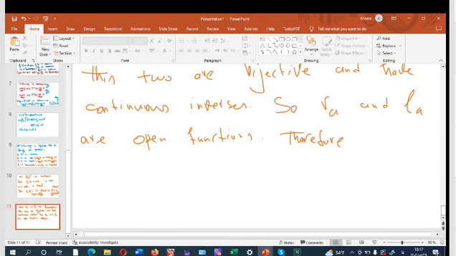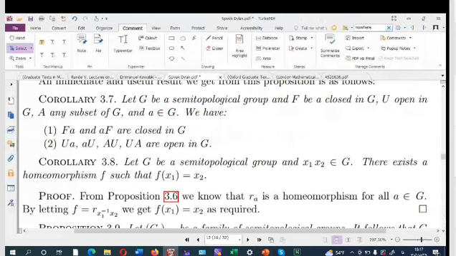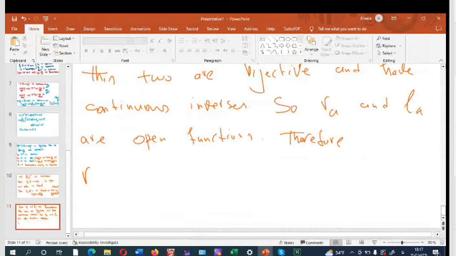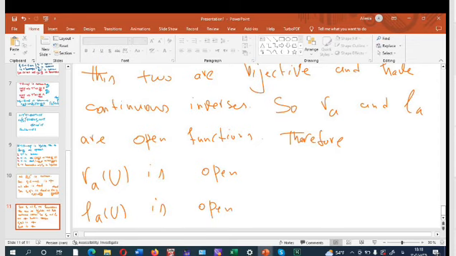since U is open, you consider an open set. Okay, please note that U is an open subset, so R_a of U is open and L_a of U is open, but R_a of U equals Ua and L_a of U equals aU, so Ua and aU must be open. It is very clear.